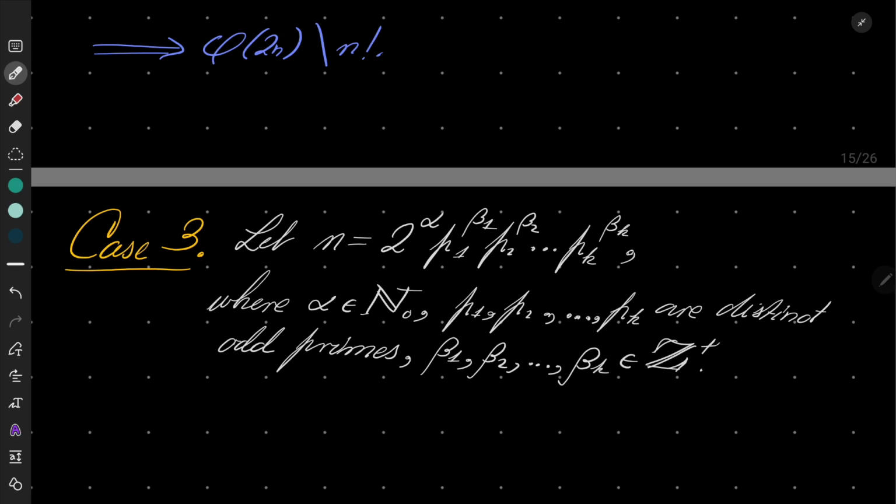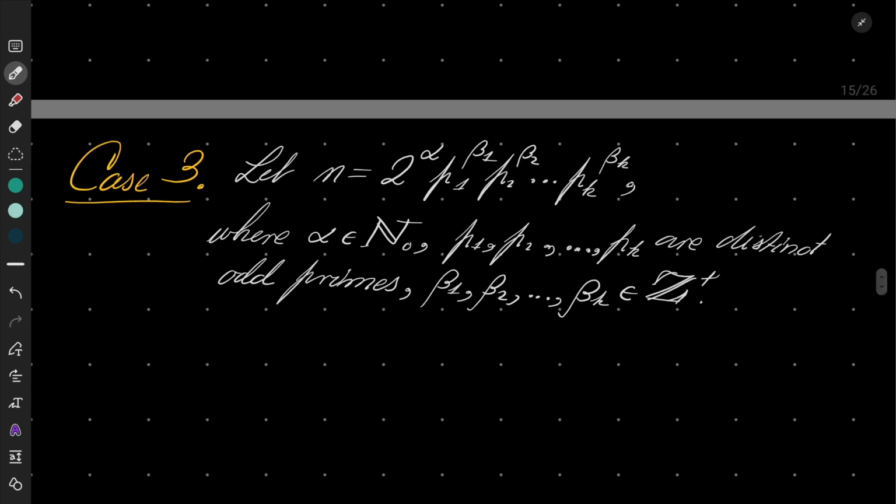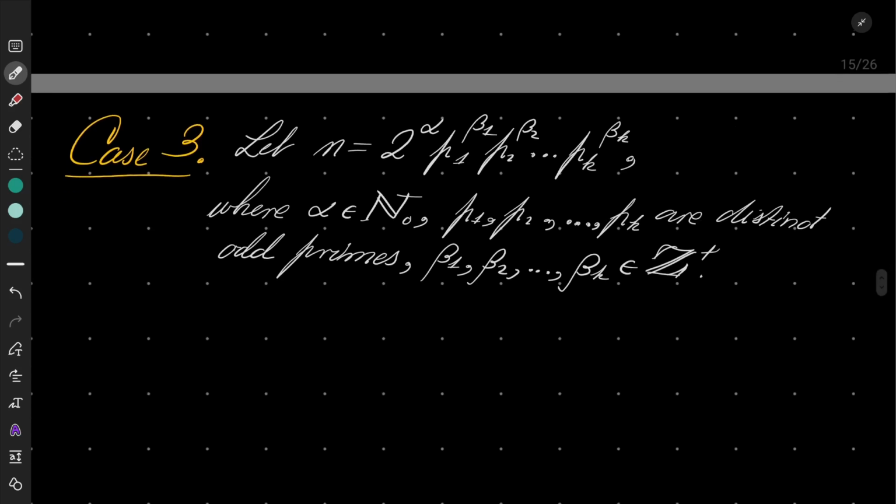We know that every number can be written uniquely in this way. Yes, it's just the prime factorization theorem.